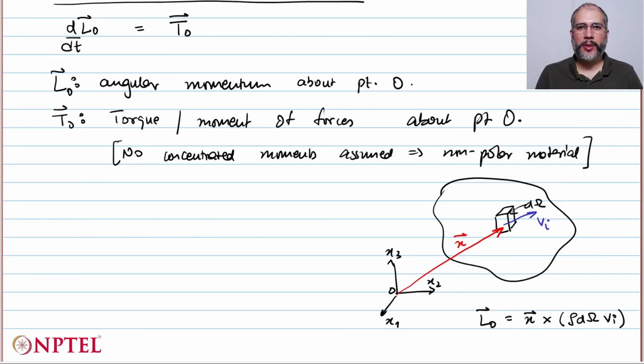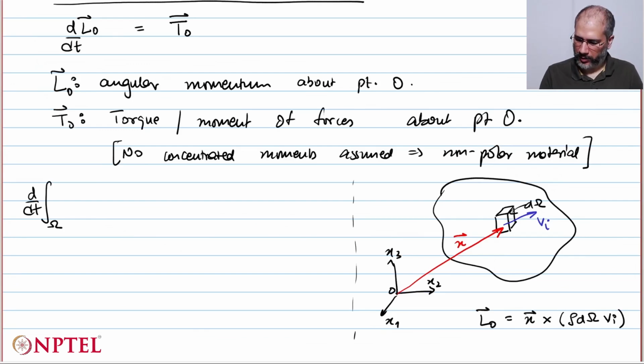So let us express the angular momentum principle in our integral form. Again, from mechanics, we know that if we have a collection of particles, we can write the time rate change of the angular momentum of the complete collection of particles as the net torque of all the forces acting about the point O. So this becomes d by dt of the integral of the angular momenta.